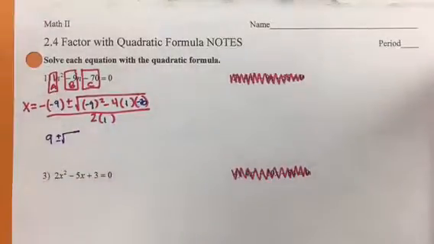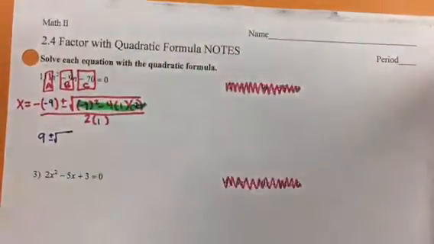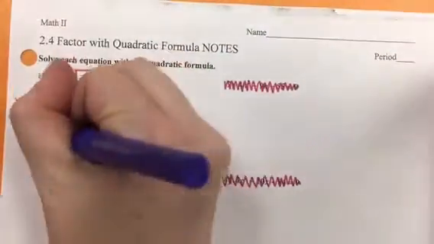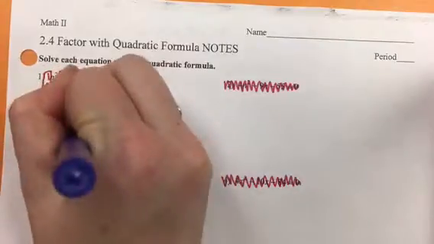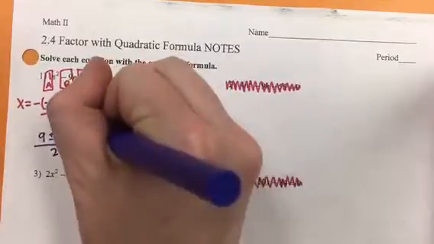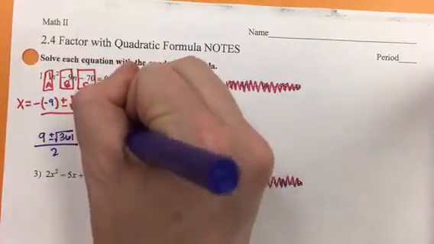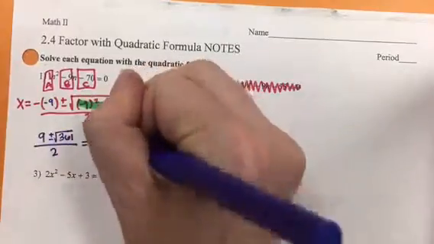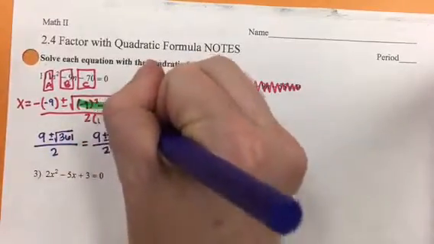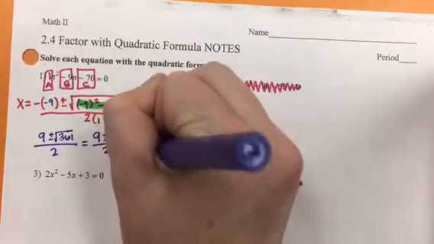I enter this section into my calculator, and we get 361 over 2, which equals 9 plus or minus the square root of 361, which is 19. Which gives us 9 plus 19 over 2 and 9 minus 19 over 2.